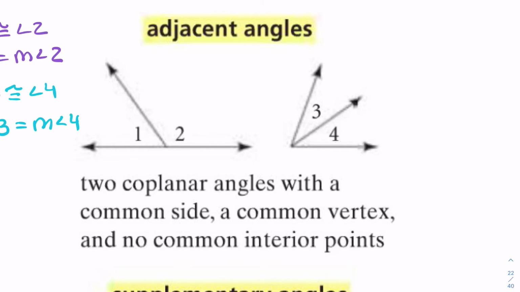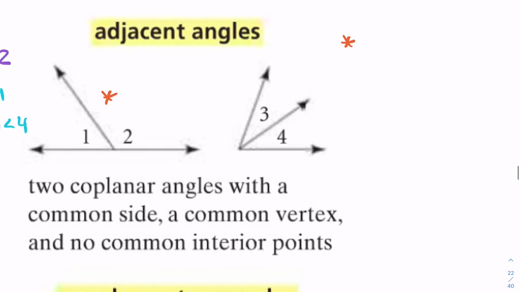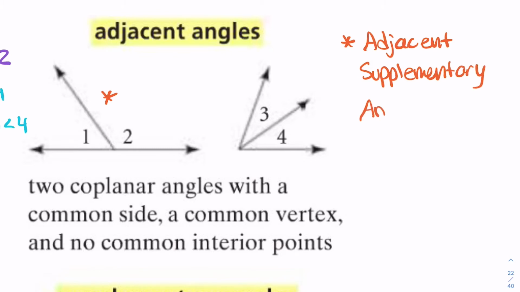So what happens when something is adjacent and supplementary? Let me put a little star here. Adjacent, supplementary angles have a special name.